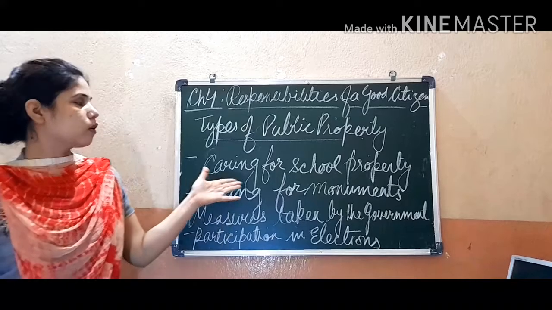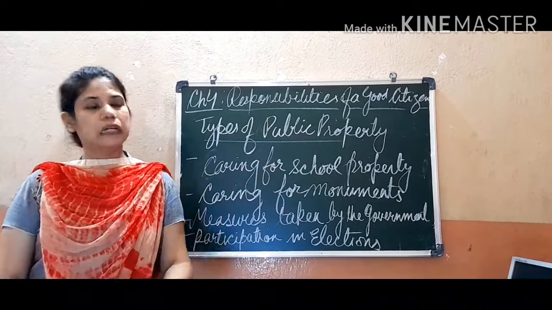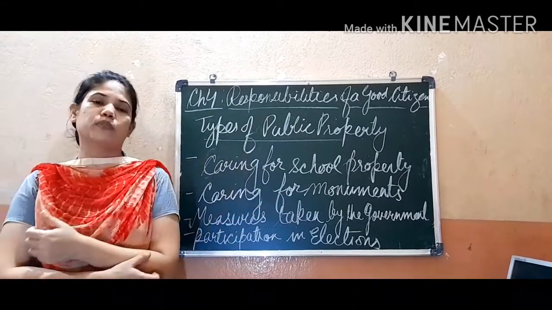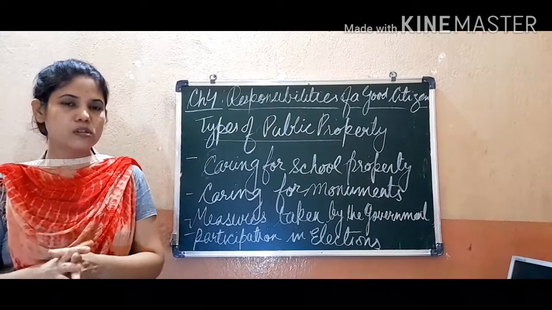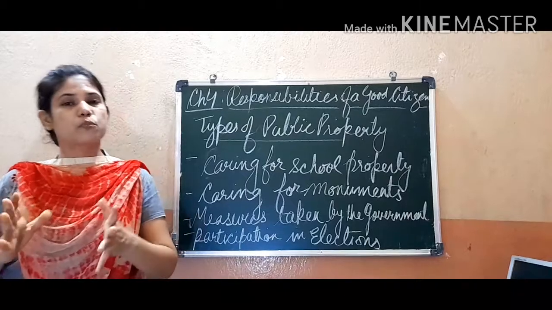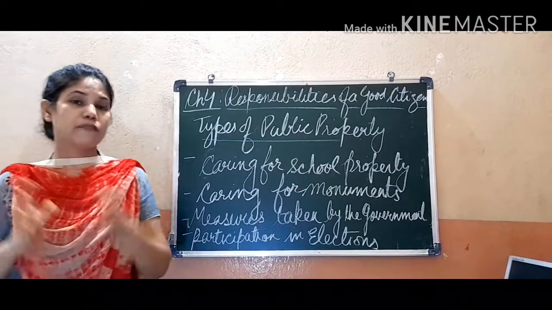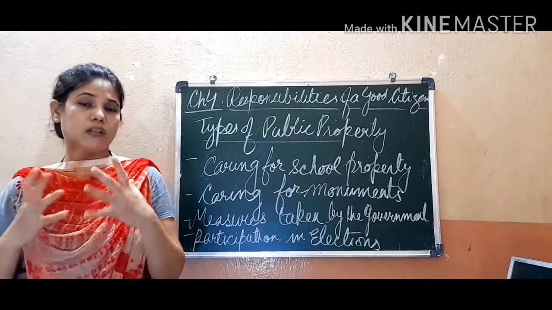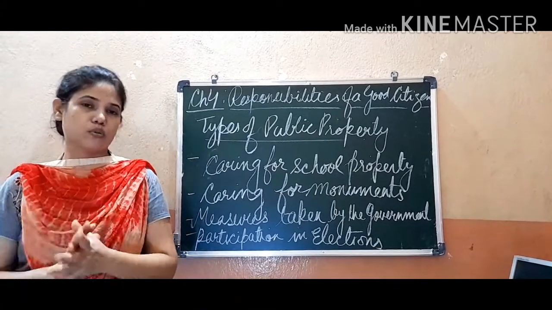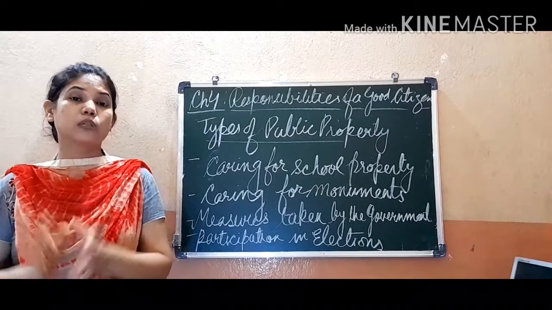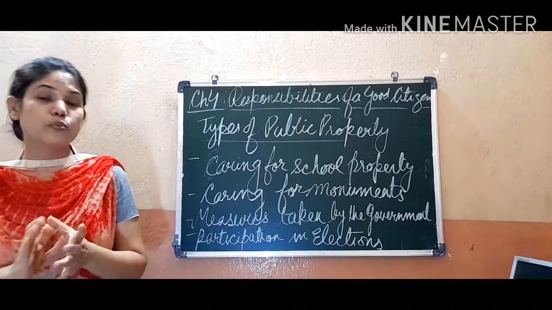Now, caring for school property. Another type of property is school property. As you children must be going to different schools, you have a school, so that property belongs to everybody, because it is not only one student who goes to school. There are so many students going to different schools. So it's our duty to protect our school property.